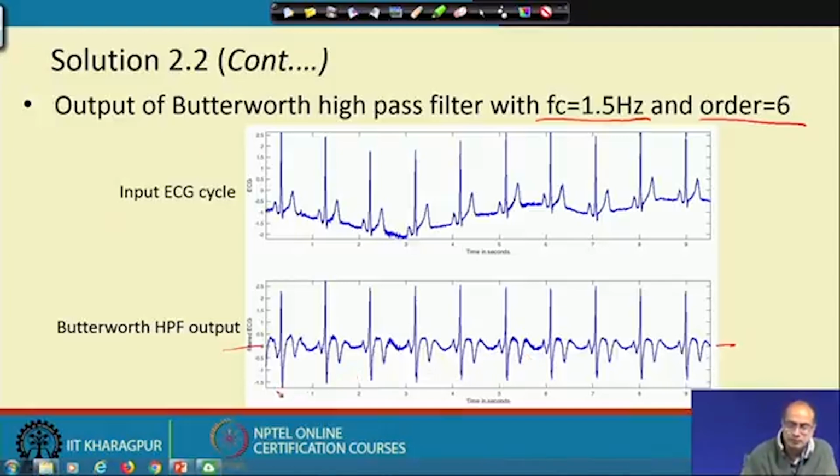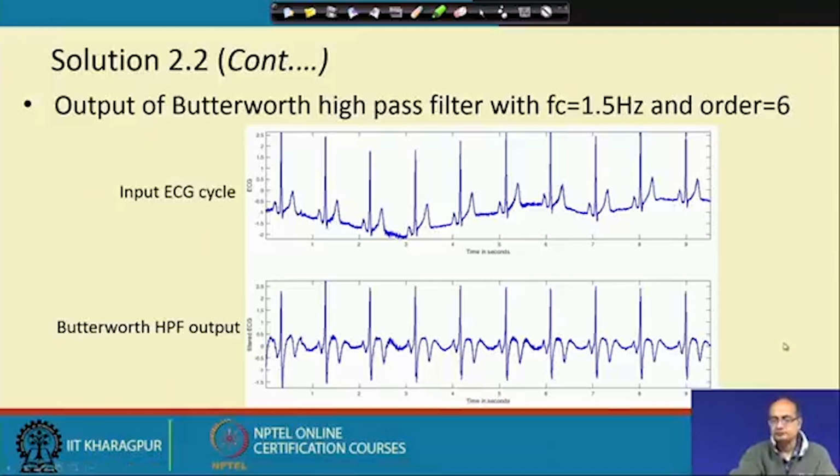So, the QRS complex is affected, the T wave looks like an inverted wave, the P wave is also distorted. Okay. So, we get a good amount of distortion, but in this case one good thing is that the signal we get is stable because the filter is stable.